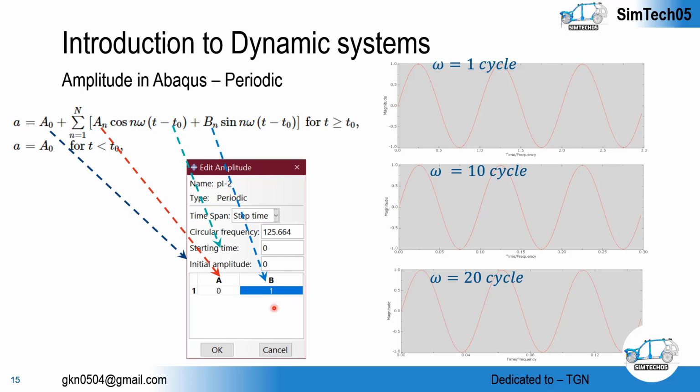So B1, B2, B3, in this way it will be. Starting time T0, if you don't have any starting time, just keep it 0. And the initial amplitude is already defined here. Omega, that is the circular frequency, and that's all. So if you want, you can take a screenshot. That will be helpful to you for defining a periodic amplitude in future.